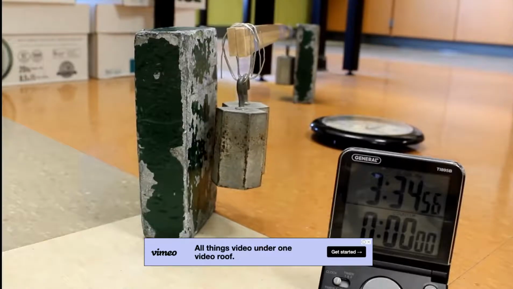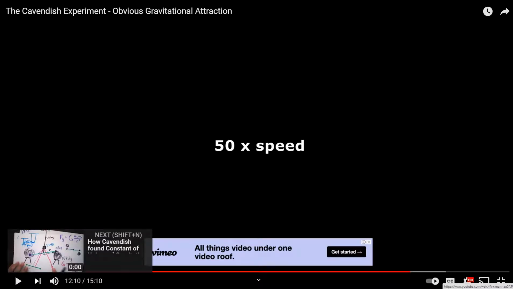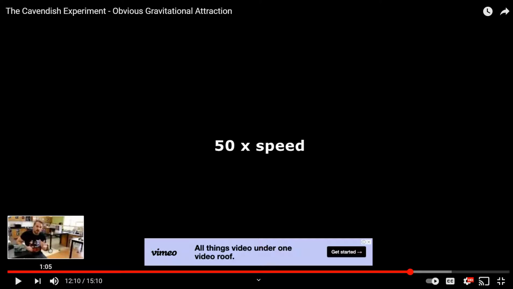The reflection that you're seeing there is both... And let's see the experiment one more time from both of those angles, this time at 50 times the speed. The force due to the impact, and also the force due to the torsion in the wire that's acting against the gravitational attraction of the 2 lead bricks.